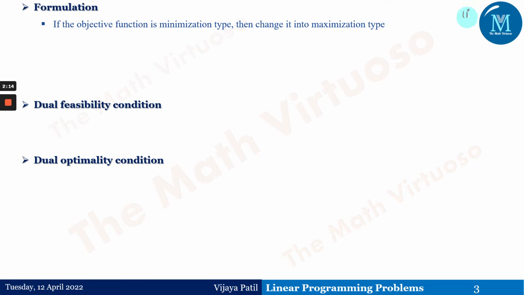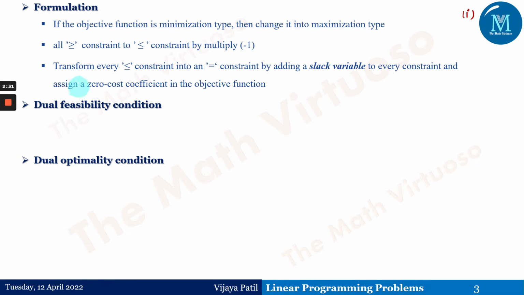Please do follow the I button so that you will understand what exactly I am discussing here. So minimization type we are converting into the max type. All greater than or equal to constraints are to be converted to less than or equal to constraints by multiplying by -1. Then transform every less than or equal to constraint into an equality constraint by adding a slack variable. So here we are not using any surplus variable, we are making it a slack variable.